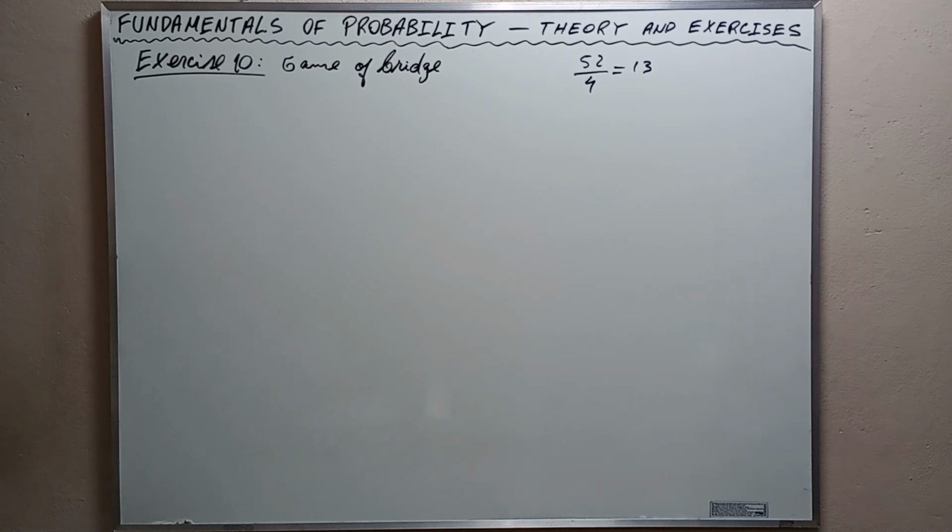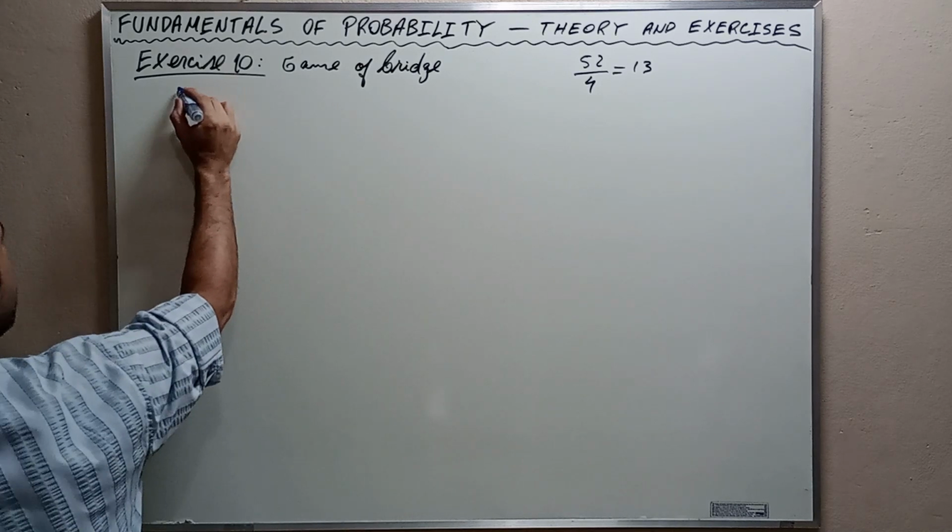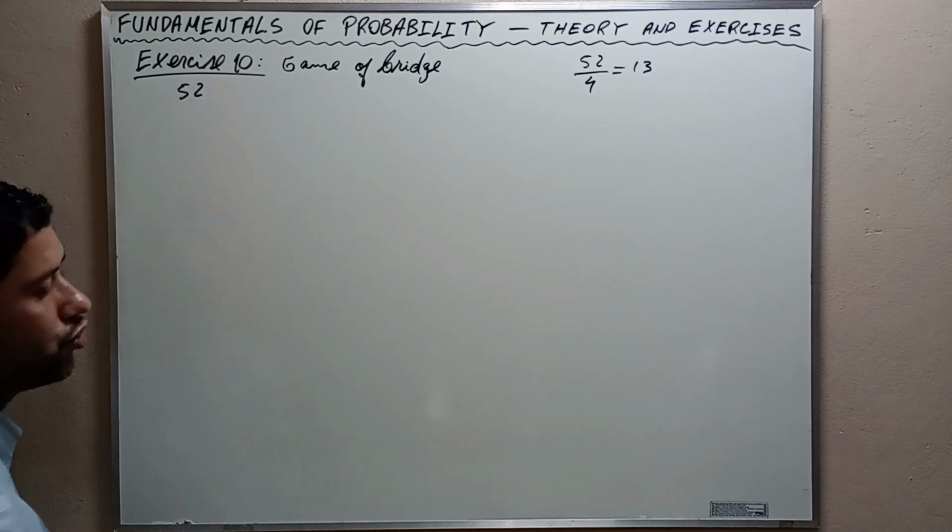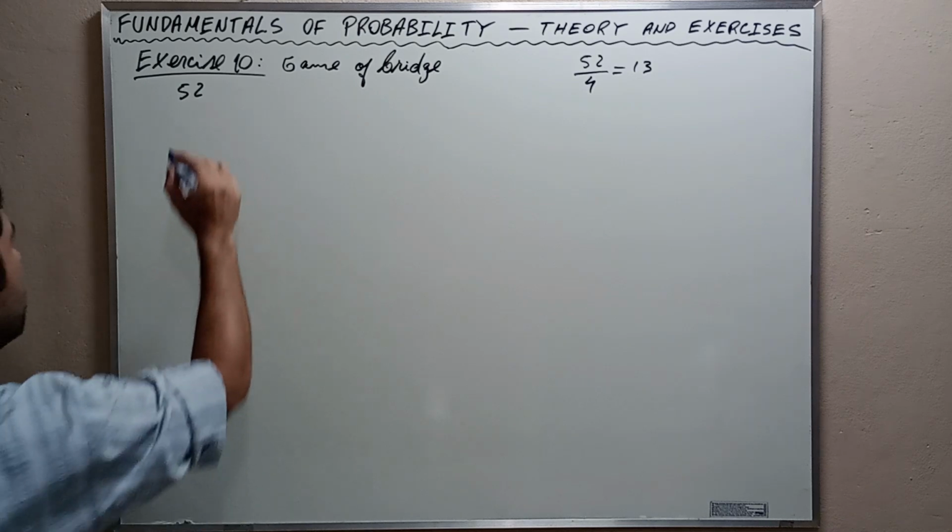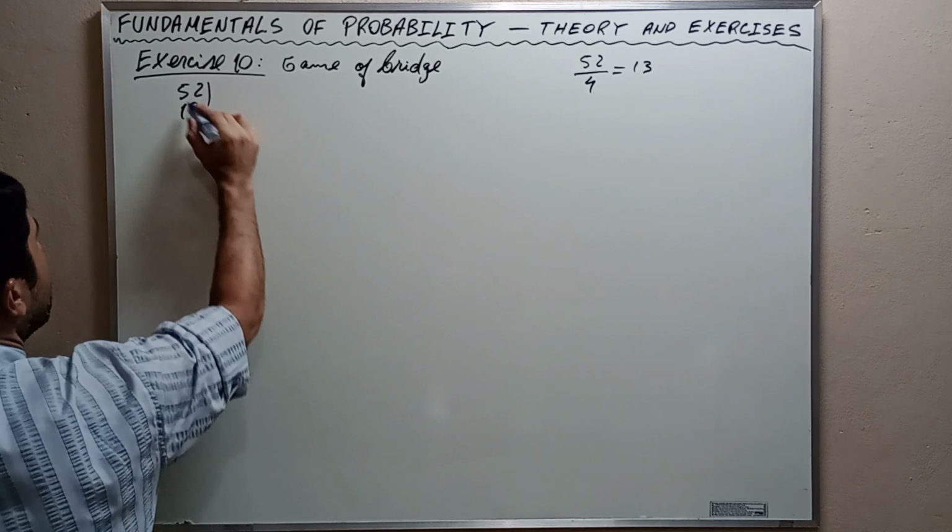Each player will receive 13 cards in the game of bridge. The total number of ways to deal 13 cards to a player from a deck of 52 cards is given by the combination formula, okay? It is going to be the combination of 52 cards taken 13 at a time.